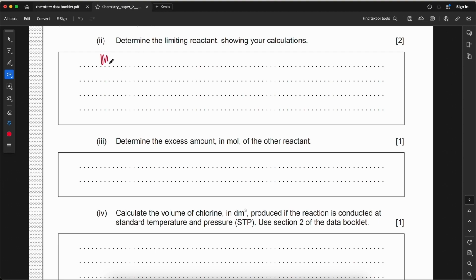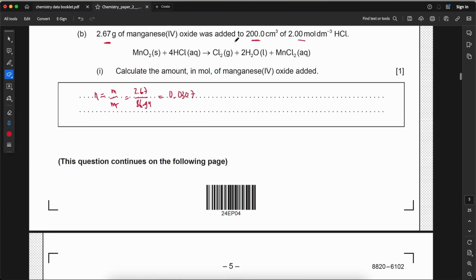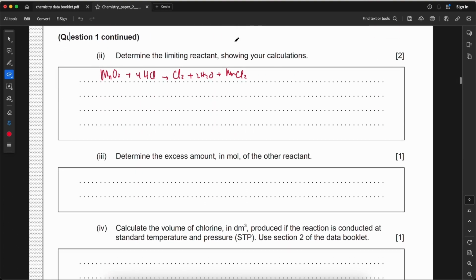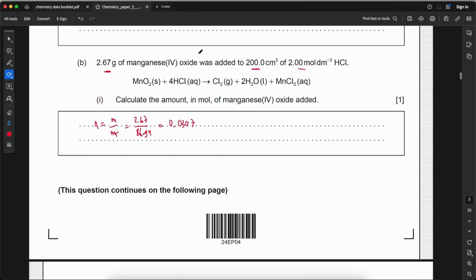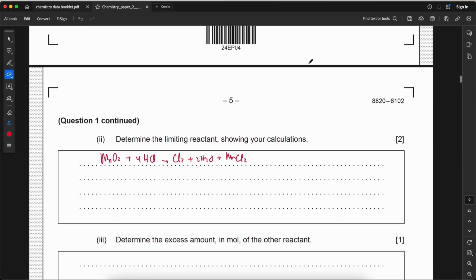This is the reaction: MnO2 plus 4HCl produce Cl2 and 2H2O, MnCl2, the one from here. I just copy it down. So MnO2 and HCl, which one is the limiting reactant? From the previous question, we can calculate mole of HCl because volume and concentration are known.